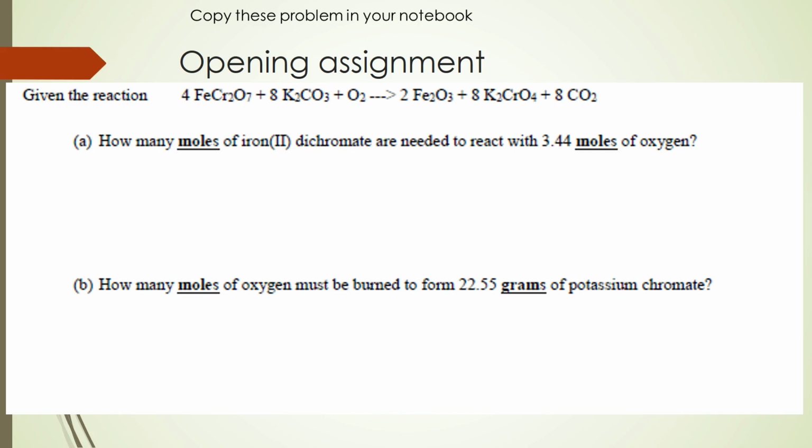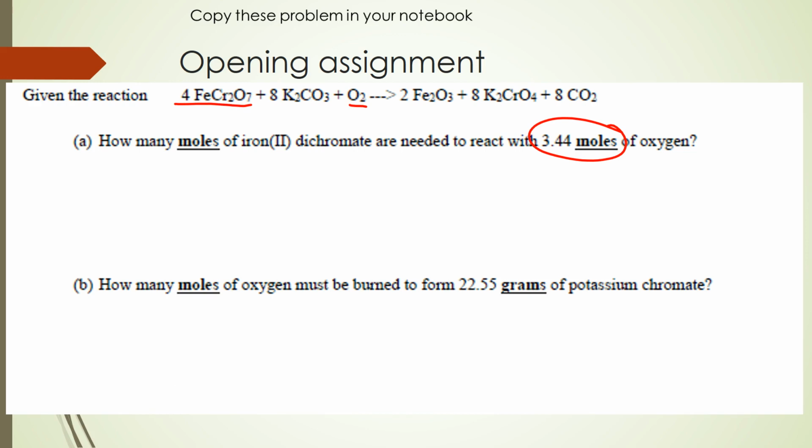What's our given? 3.44 moles of oxygen. All right. So that's where we're starting. Iron dichromate. So this is our oxygen. Iron dichromate is that.